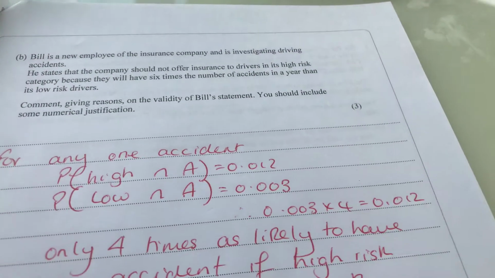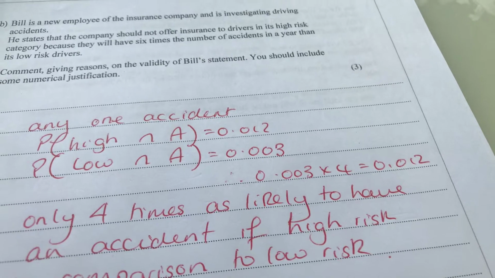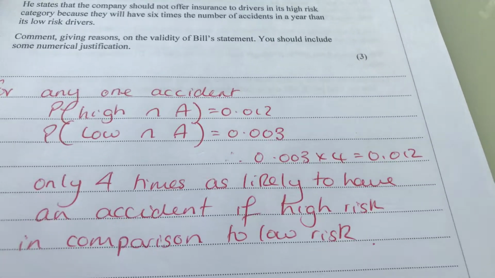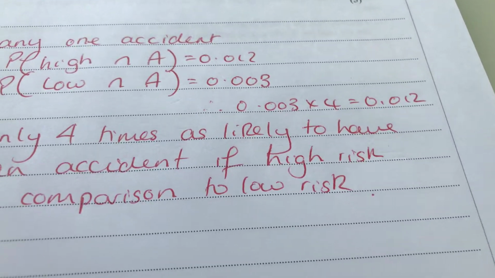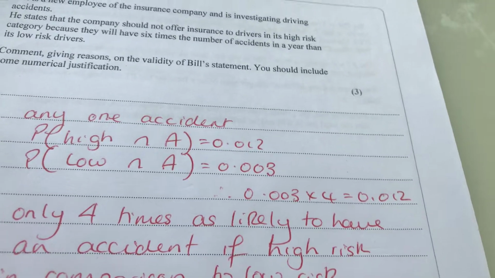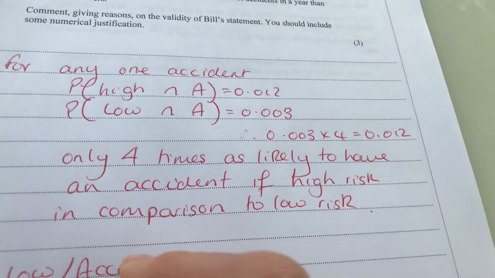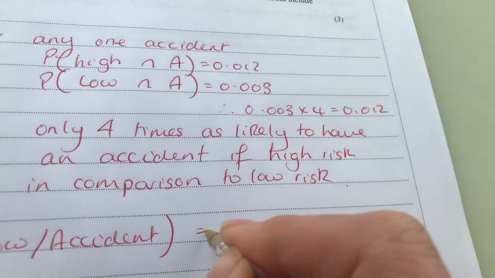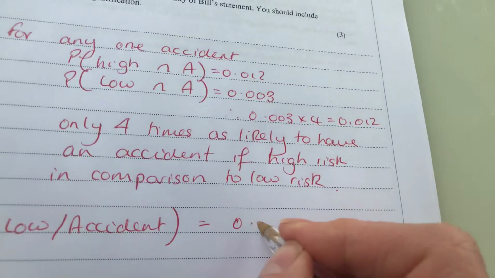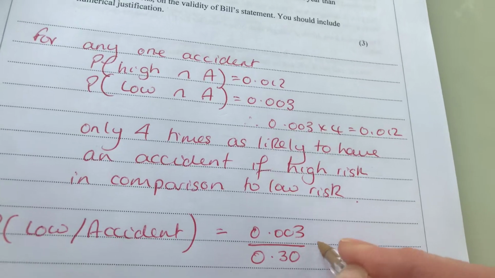Okay, so that's good. Let's compare with our probability of high risk given an accident. What's the probability of low risk given that you've had an accident? That might be a useful thing to do. So low was 0.003, out of the probability of having an accident, which was 0.03.